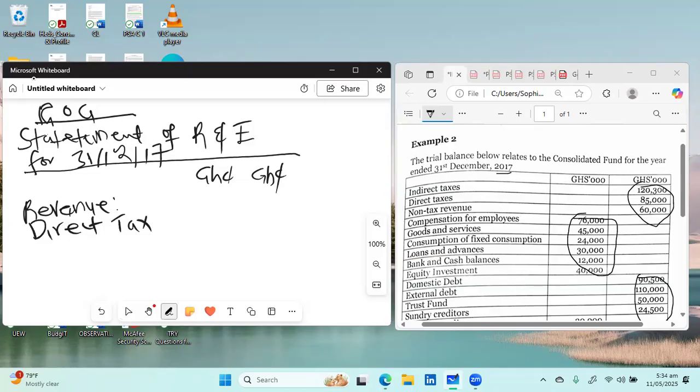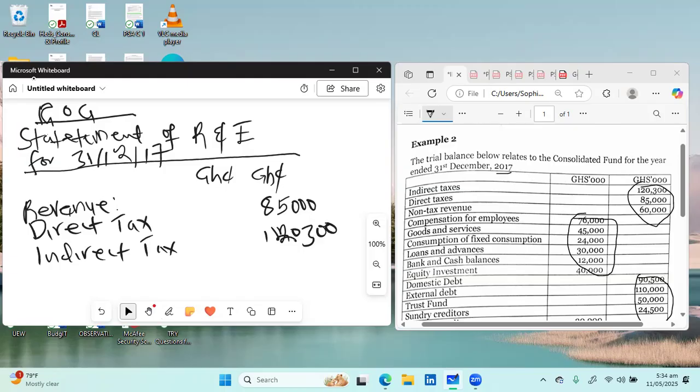And then we also have our indirect tax here, which is 120,300.